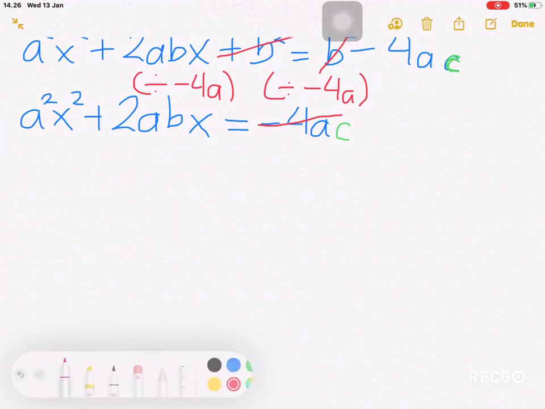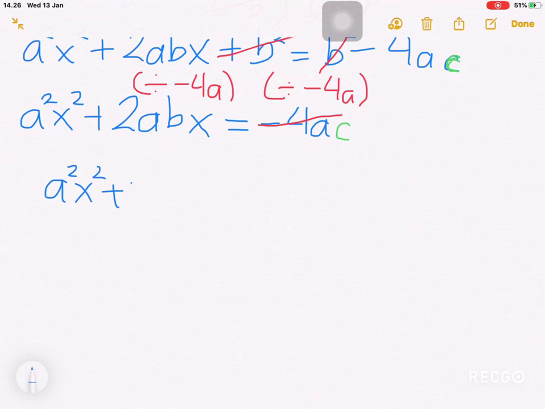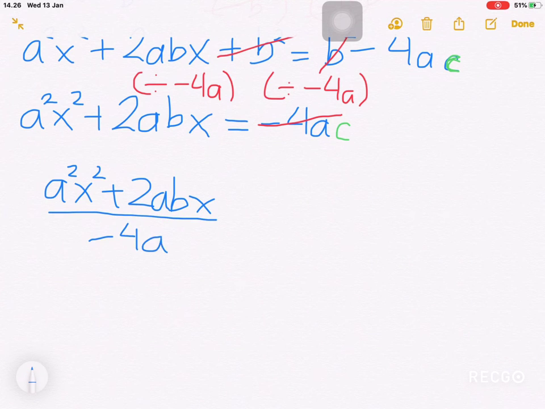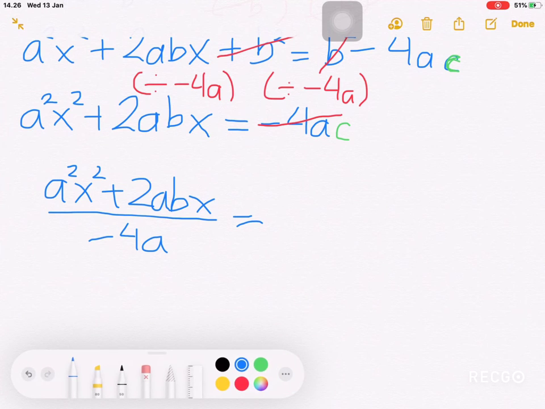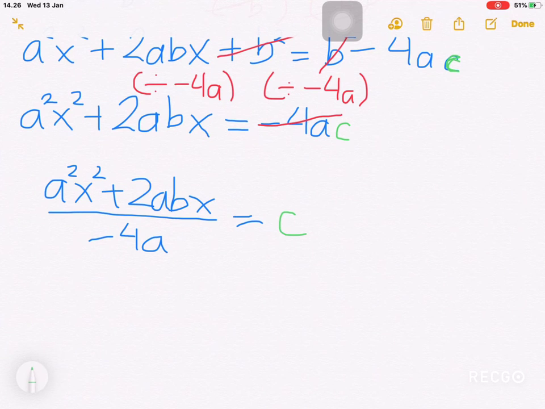So we'll have a squared x squared plus 2abx, and then all over negative 4a. This is equal to c. But you can just simplify things a bit. You can factor an a out of this numerator.